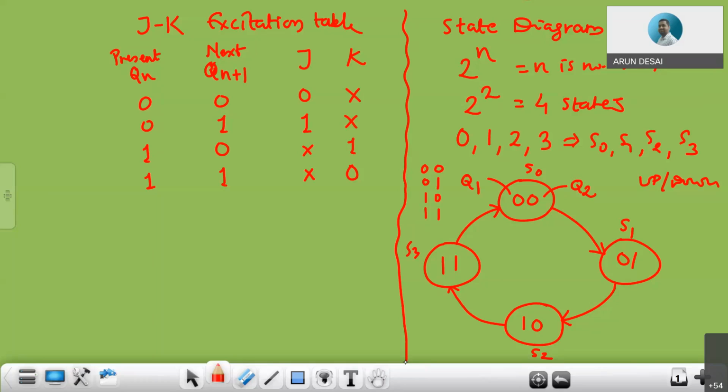So this is how we draw a state transition diagram, right? Now next we need to draw an excitation table. So this is my present state, then next state, right?